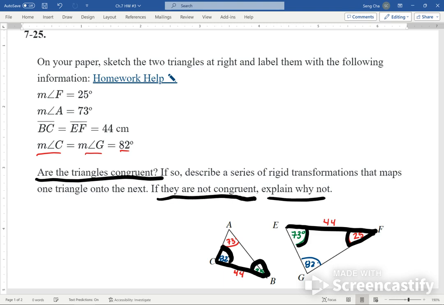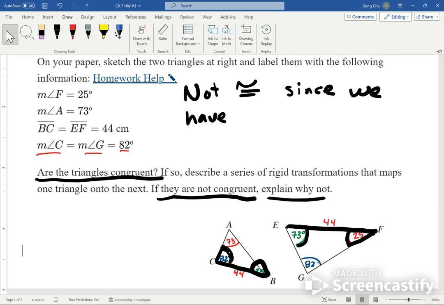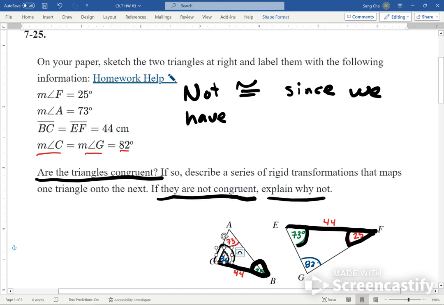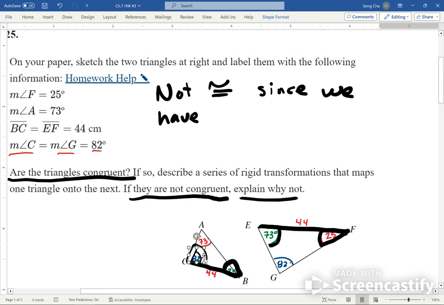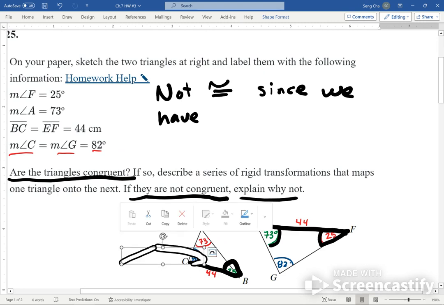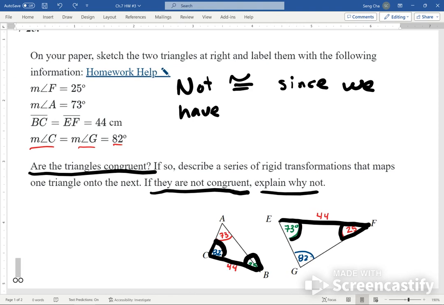Explain why not. So I'm going to say not congruent since we have... Trying something new, guys.